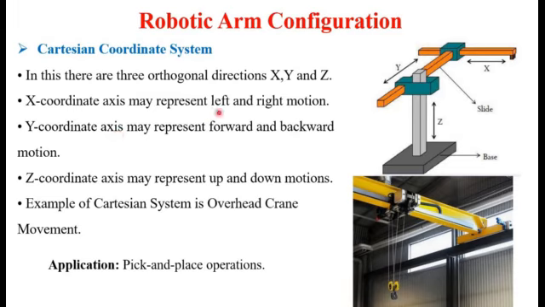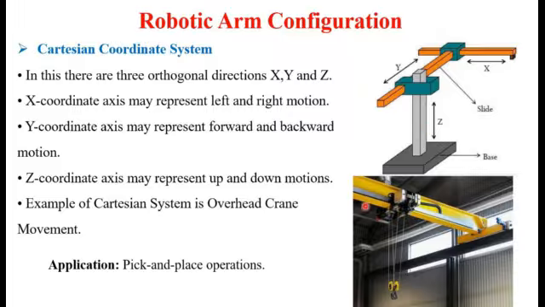The x coordinate may represent left and right motion. Similarly, the y coordinate represents the forward and backward motion of this robot, and the z coordinate represents the up and down motion of this robotic arm. An example of this type of configuration is an overhead crane in the industry.